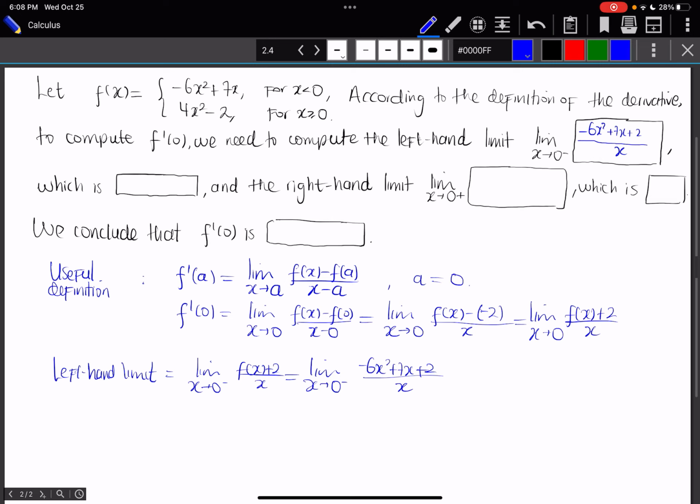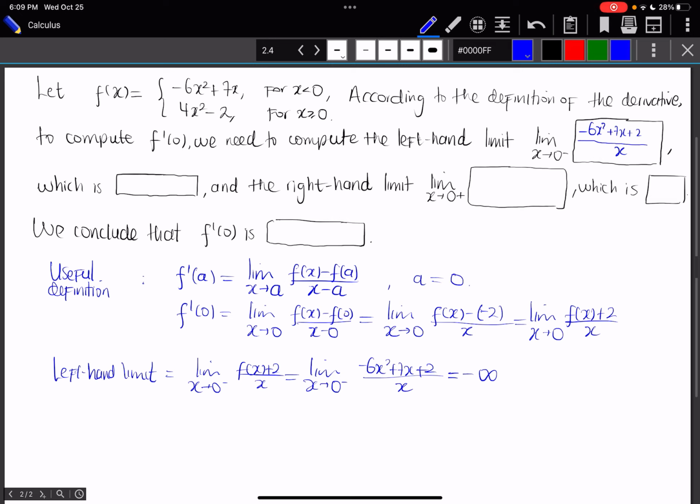And the next box we need to fill is the value of the limit. Let's see. When we make x equal to 0, we find 2 on top divided by 0. And actually, we need the sign of minus 6x squared plus 7x plus 2 divided by x when x is negative. So this limit will actually be negative infinity.